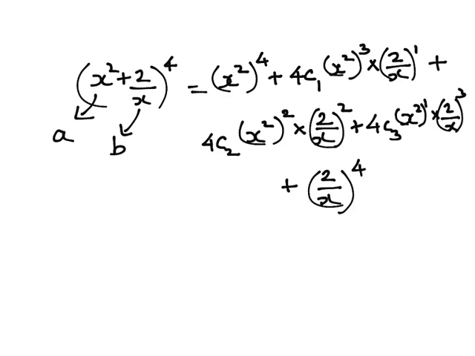So if you simplify, you'll get this answer. You'll get x⁸ plus, now 4c1 is 4, and you have a 2 here, so you'll get 8 times, this will become x⁶. I'm sorry, I'm not able to write it.